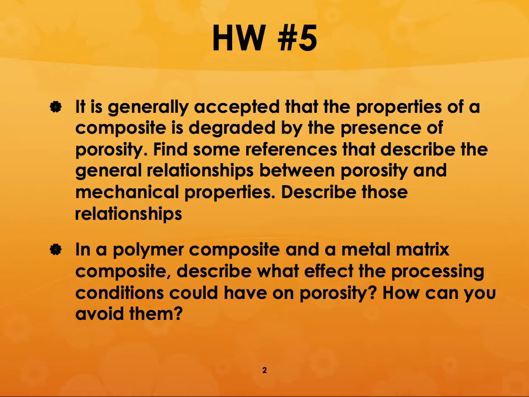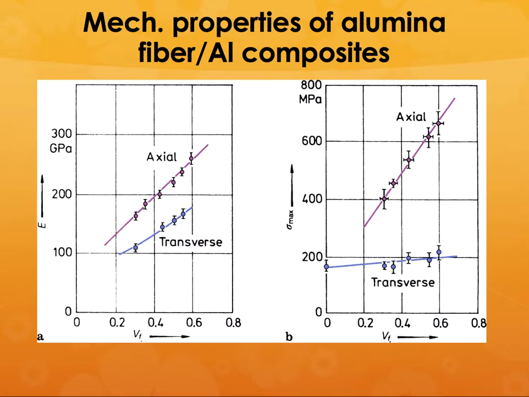For example, in the case of ceramic composites, you would like to avoid the porosity as best as you can. So how can you avoid those problems with porosity, say in the case of a polymer matrix composite or in the case of carbon-carbon composites? I would like you to look it up just out of curiosity. Okay, so I would like you to understand that.